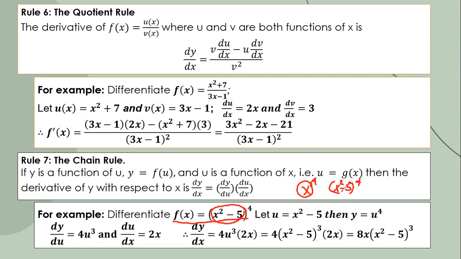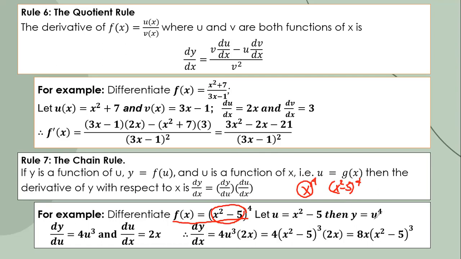So anong mangyayari dito? We have to let this function nasa loob lang ng parenthesis to u. So let u is equal to x squared minus 5. And then y is equal to u to the fourth.